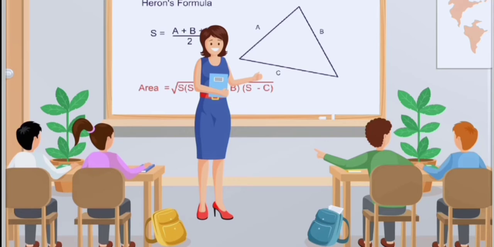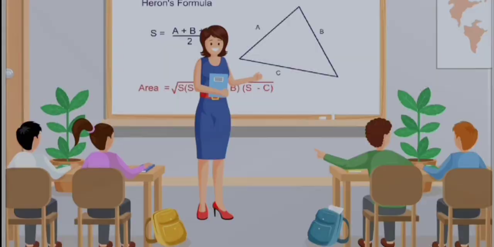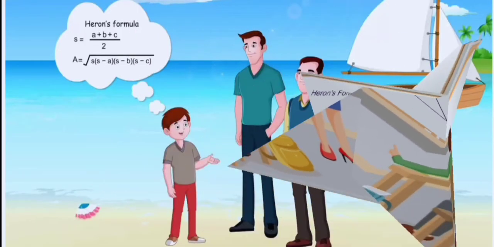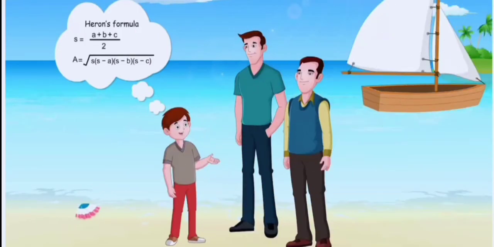Heron's formula is always applied to a triangle when we know only the sides of the triangle, assume they are A, B and C. In the picture we also see a boy telling another boy about Heron's formula. First he tells about the semi perimeter, that is (A plus B plus C) divided by 2.